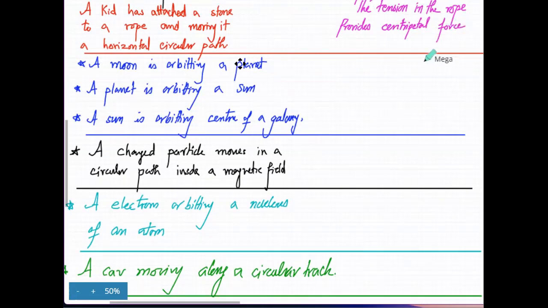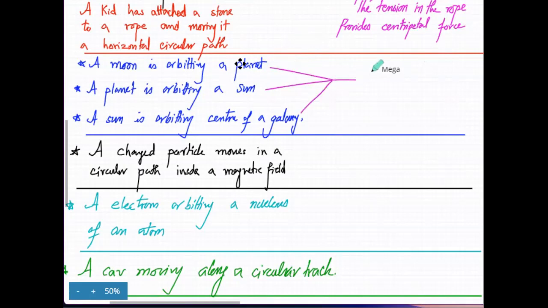So in this case, when you have attached a stone or something to a thread and are moving it in a circular path, what provides centripetal force? Tension.